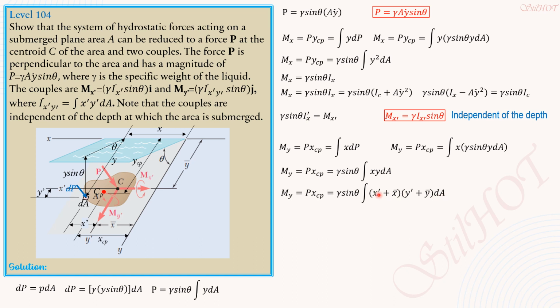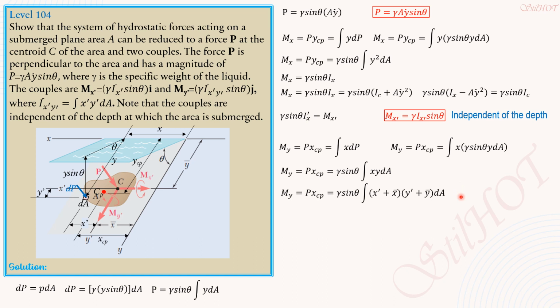This is x sub c times area, and x sub c is 0 because that's the x coordinate of the centroid, which is 0. X is 0 at C. Then the integral of barred x y prime dA is barred x times the integral of y prime dA, which is area times y sub c, and y sub c again is 0 at the centroid.